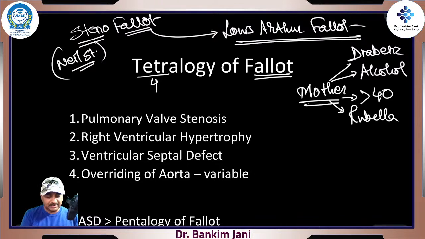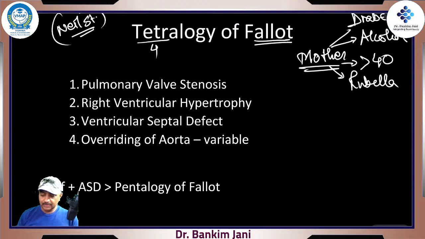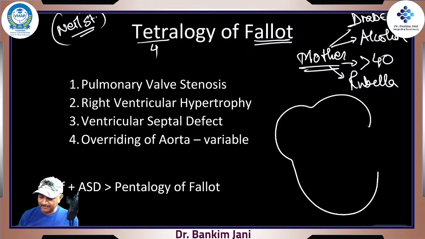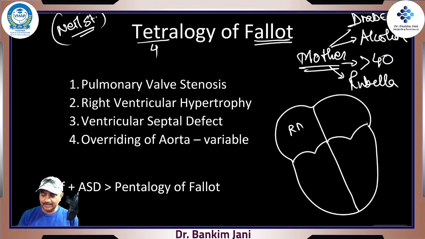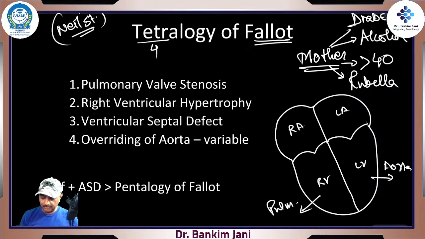Now, straight away we start speaking of pulmonary valve stenosis and RVH, but we never remember it like that. We always forget. So let's go back to our all-time great standard figure. We know right atrium, left ventricle, and what goes out: this one would be aorta, this one pulmonary trunk.